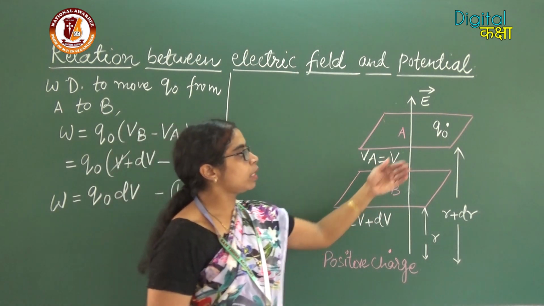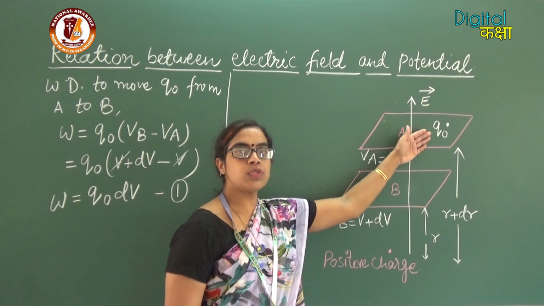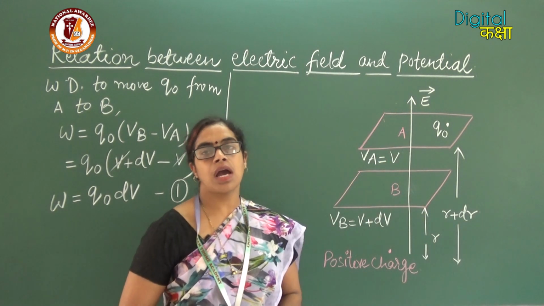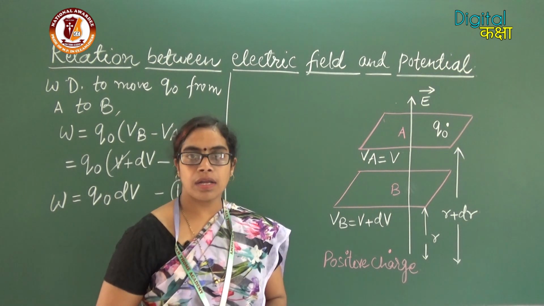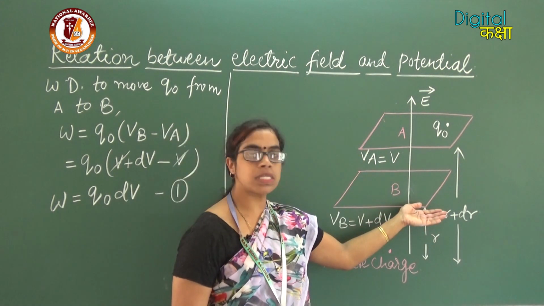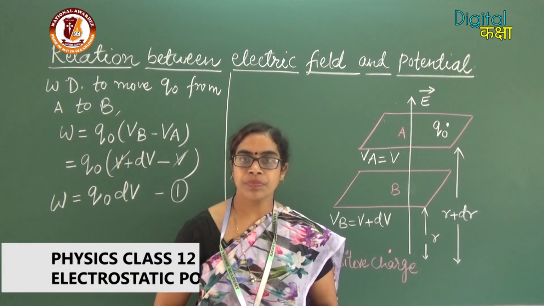The charge Q naught is to be displaced from A to B, and these two equipotential surfaces are separated by the distance dr, which is a very small distance.